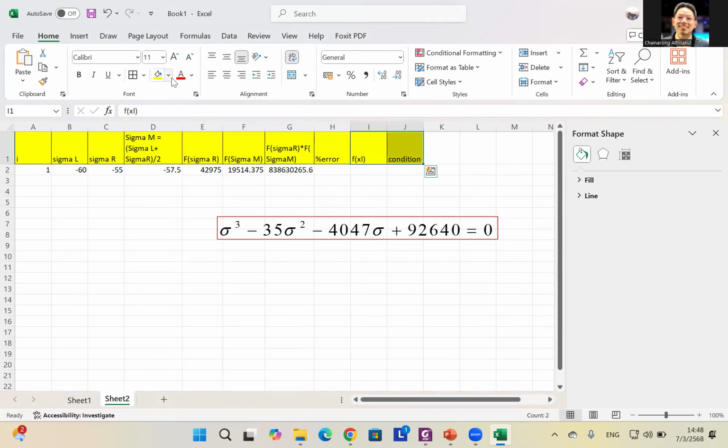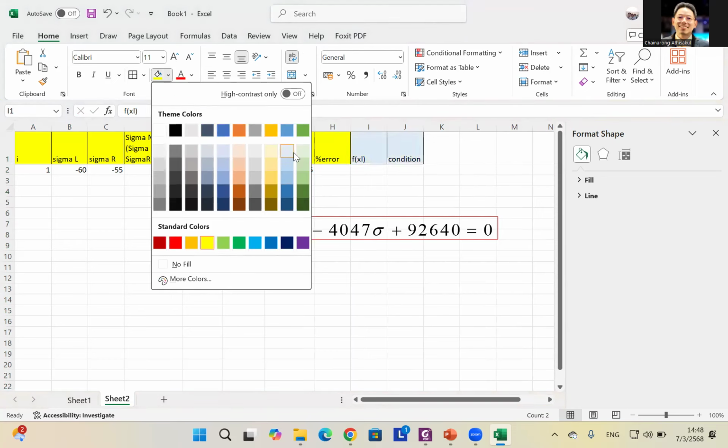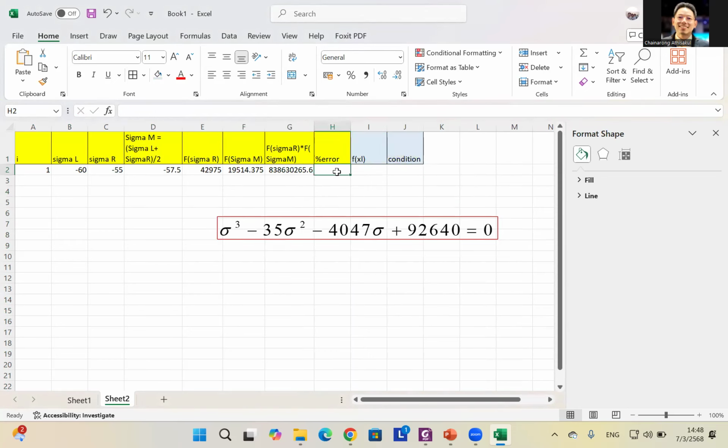This is just optional. The percent error we will leave for the first, because we will compare sigma m, xm and xm for each step. We will leave it for the first.